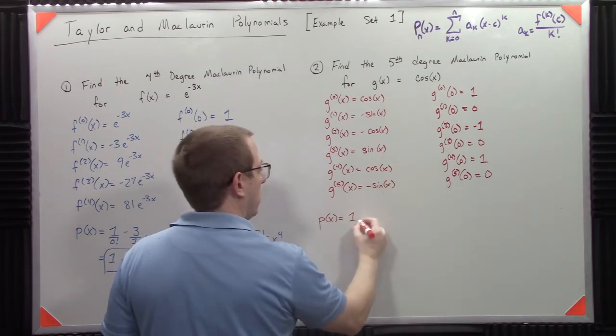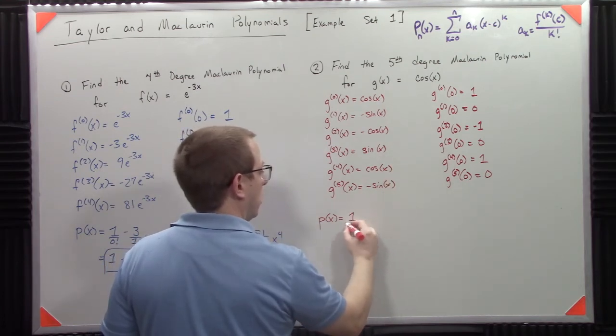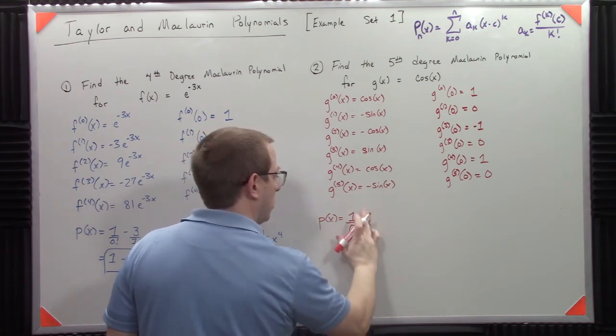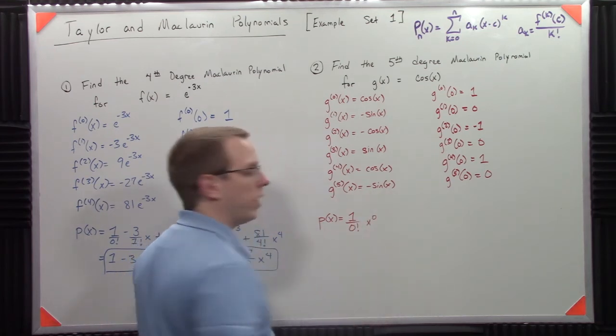So 1 over 0 factorial. We'll call that x to the 0.